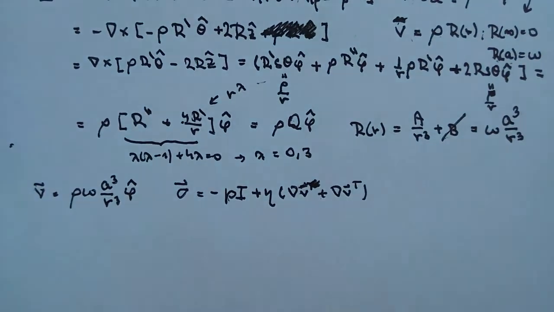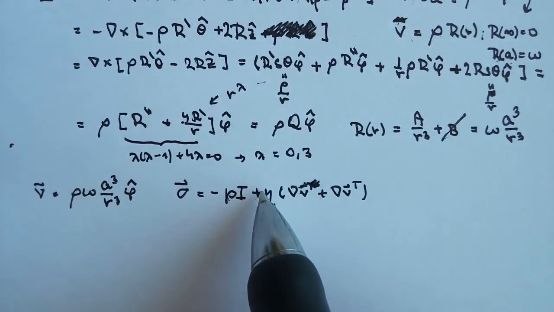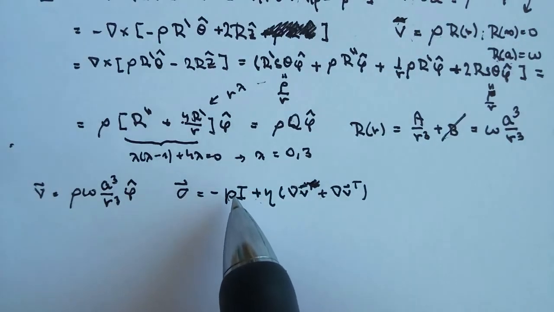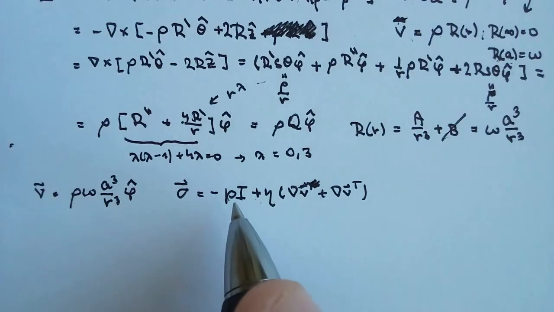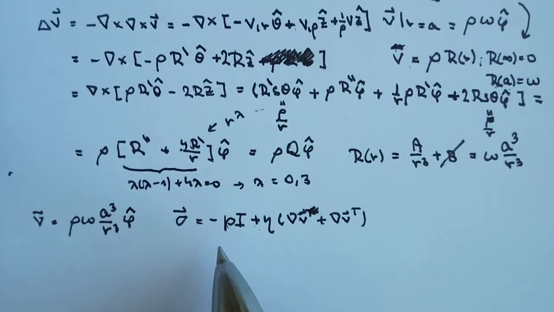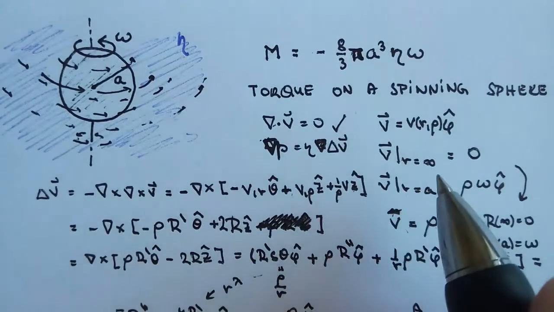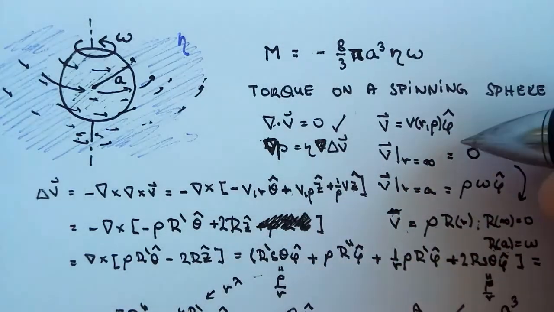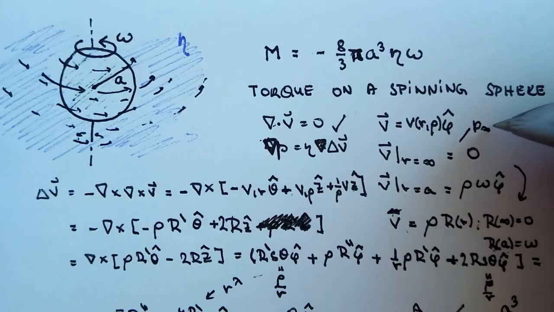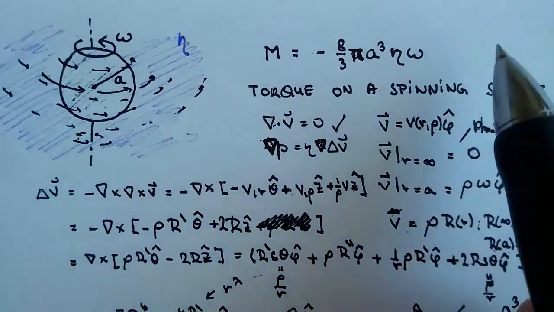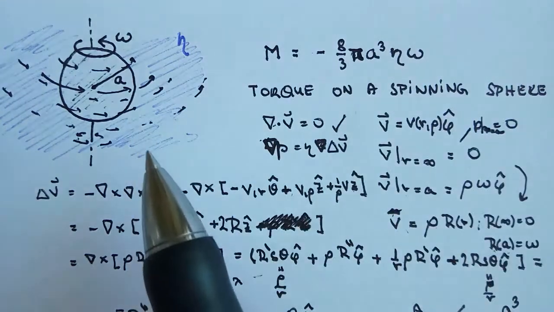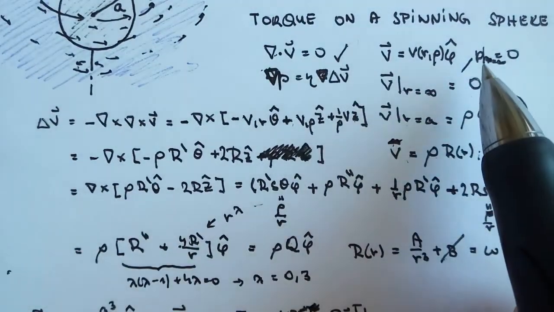Now, for the pressure, we have assumed that it's going to be 0 at infinity. There is another boundary condition, the third one: the pressure at infinity, at r equal to infinity, is equal to 0, so the pressure has to be 0 everywhere, because the pressure is a function of no variables.